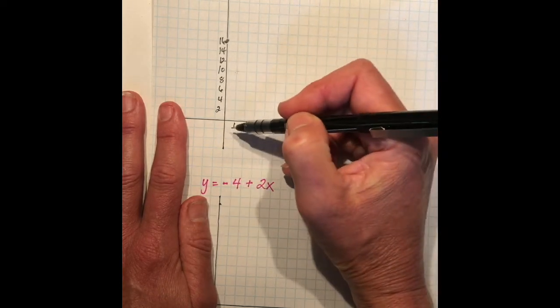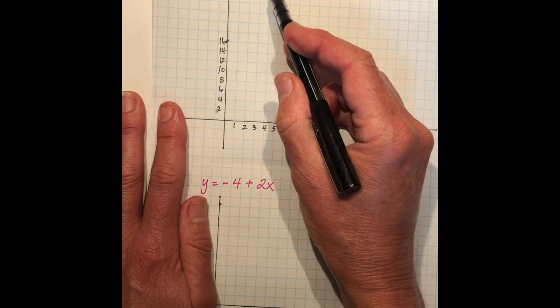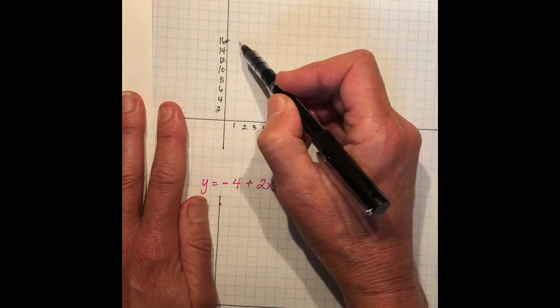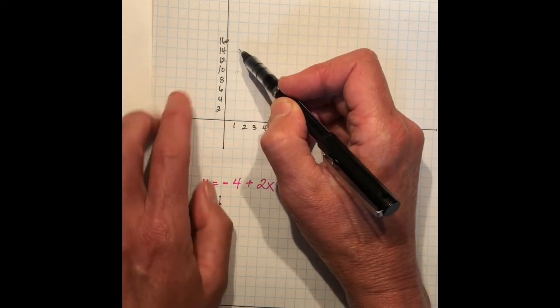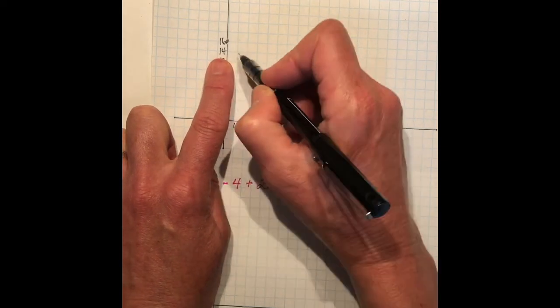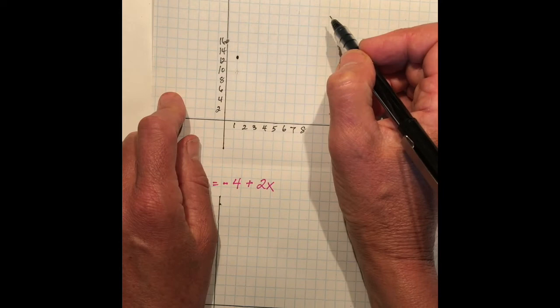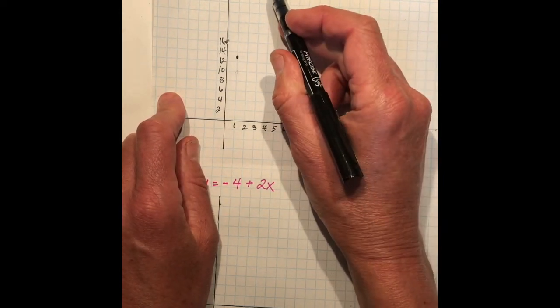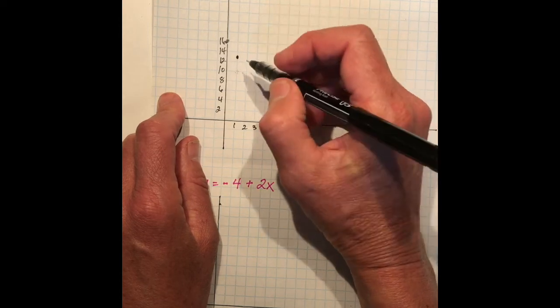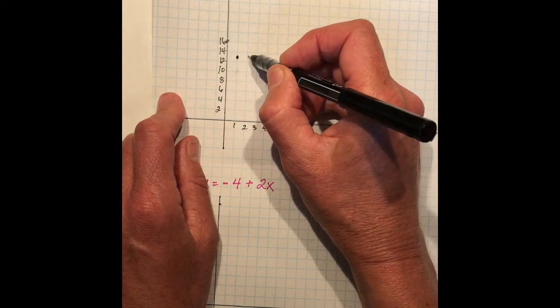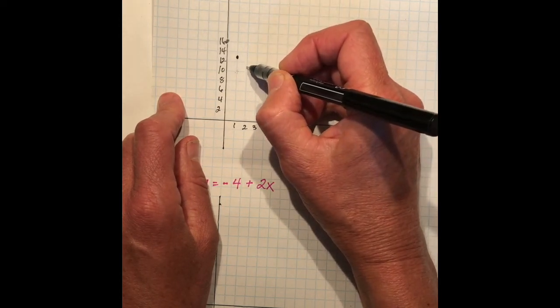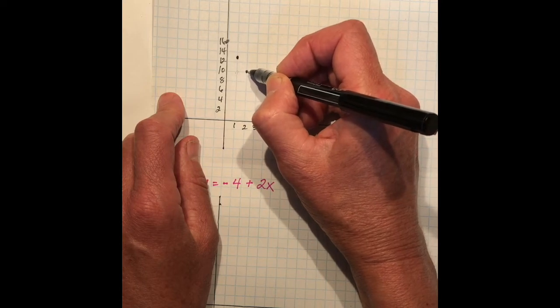So if I want to show a negative rate of change of 3, I'm going to go over 1. Now I've gone down 2, right, from 16 to 14. My next point is actually right there. So again, a rate of change of -3. I'm going over 1. There's down 1, 1, 2, right there.